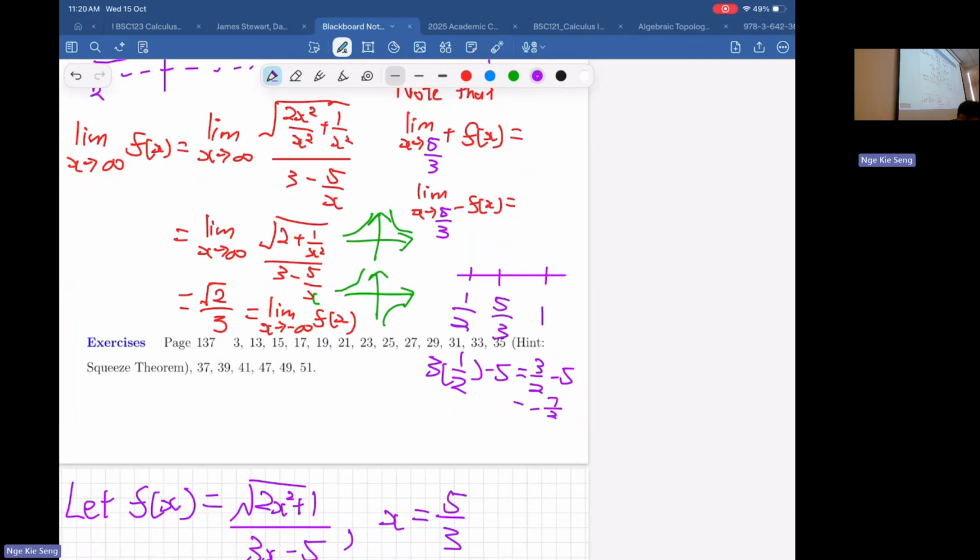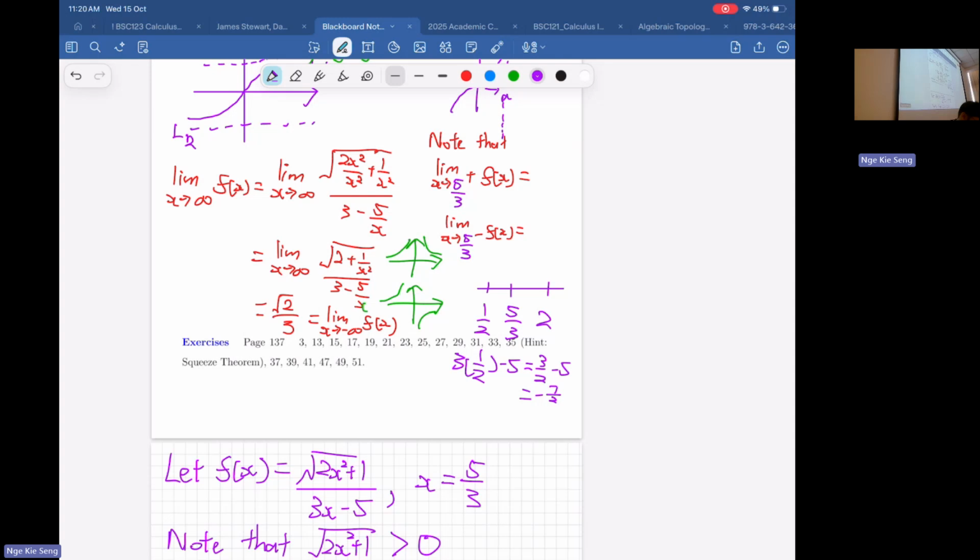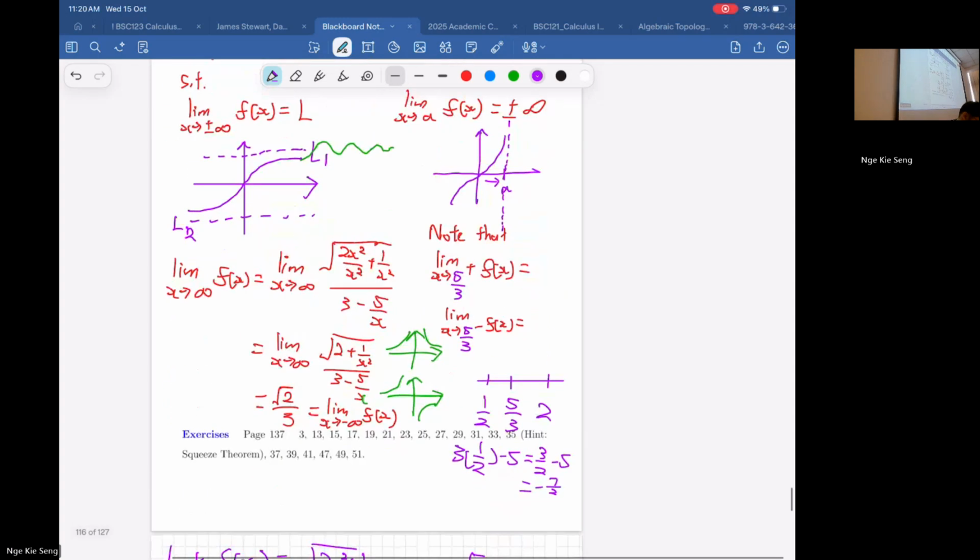For example, if I put 2 here versus half here, half gives a negative, negative 7/2. But if I put 2 there, 3 times 2 minus 5 is 1, which is greater than 0. So what you notice is that if you approach from the right, this limit is positive, going to positive infinity.